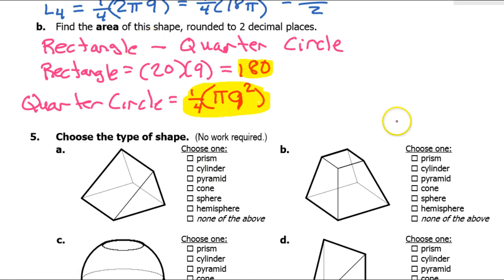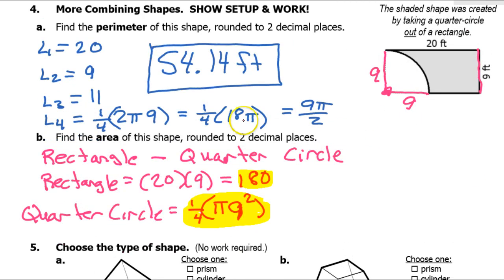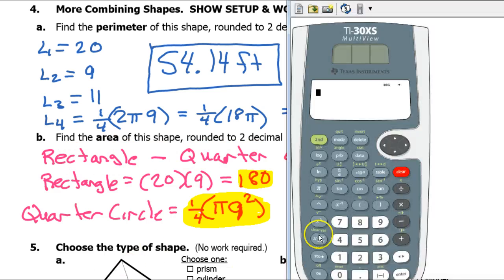So if we want to find the area of this strange shape, remember that what we have to do is take the area of the rectangle and subtract the quarter circle. So we're going to just go ahead and do 180, because that's the area of the rectangle, minus the area of the quarter circle, which is 1/4.